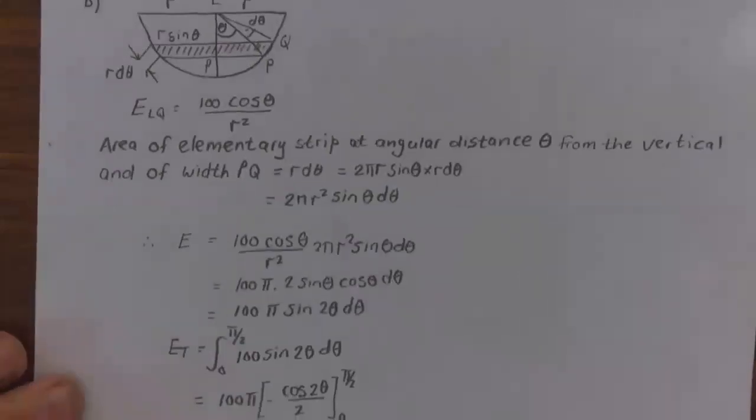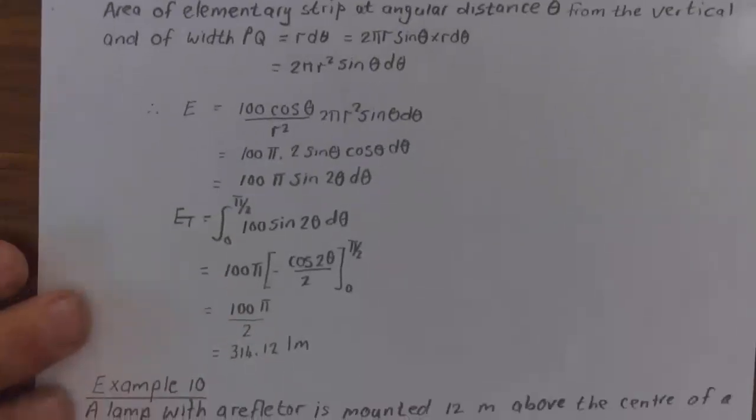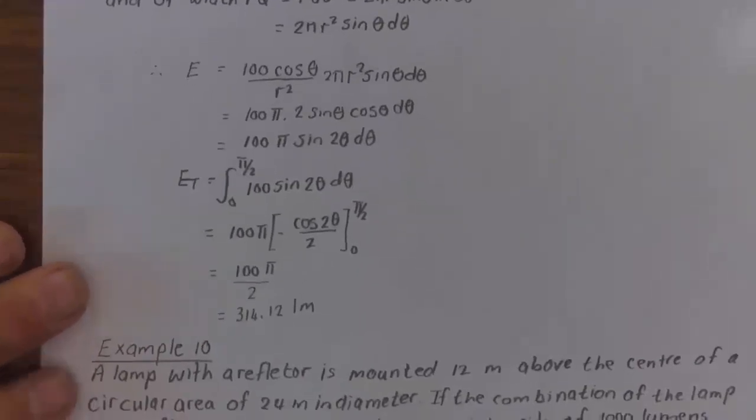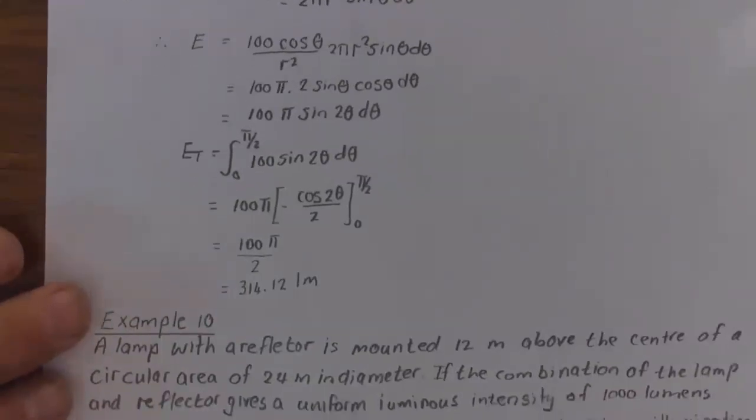That gives us 2 pi r squared sin theta d theta. So the flux is 100 cos theta divided by r squared times 2 pi r squared sine theta d theta, and that gives us 100 pi sine 2 theta d theta. And if we integrate from 0 to pi over 2, we get 314.12 lumens.